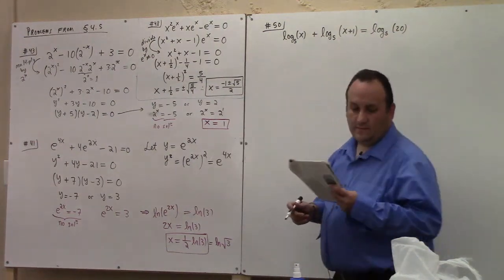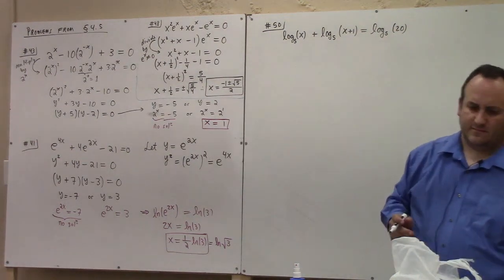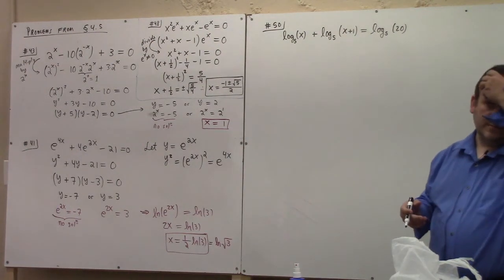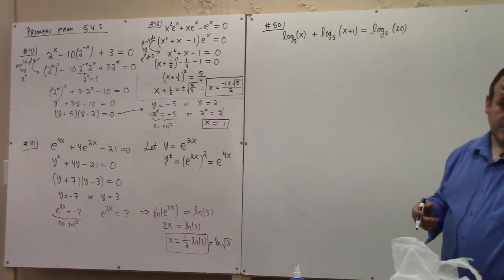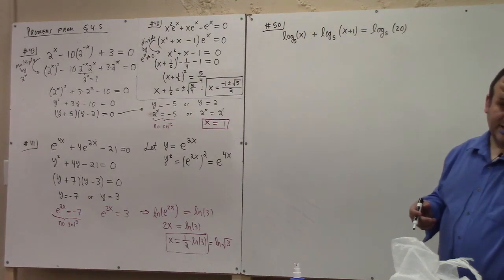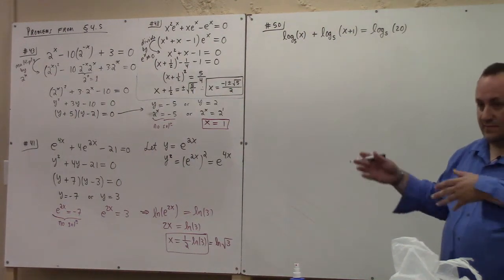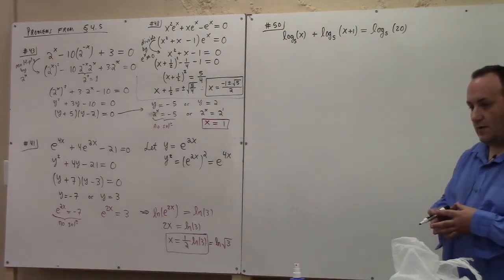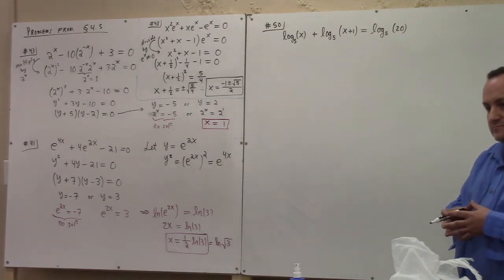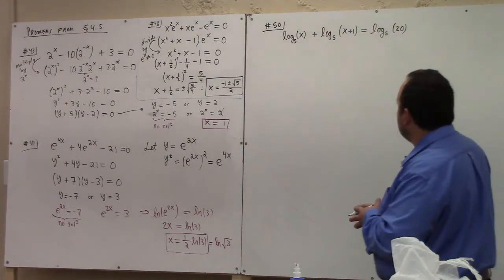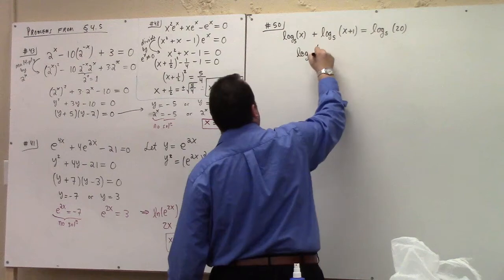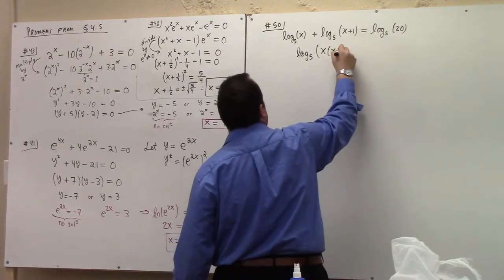So I think, Taylor, you're telling me you were working on properties of logarithms, right? 4.4, right? So now we get to use those properties of logarithms to simplify this equation. Log base 5 of x times x plus 1.